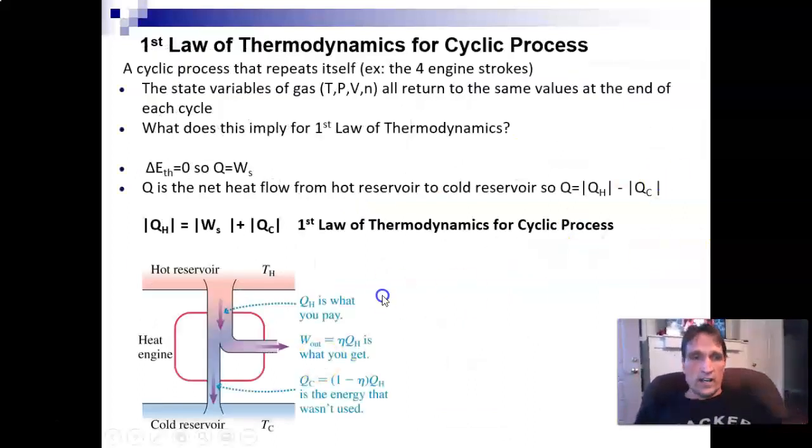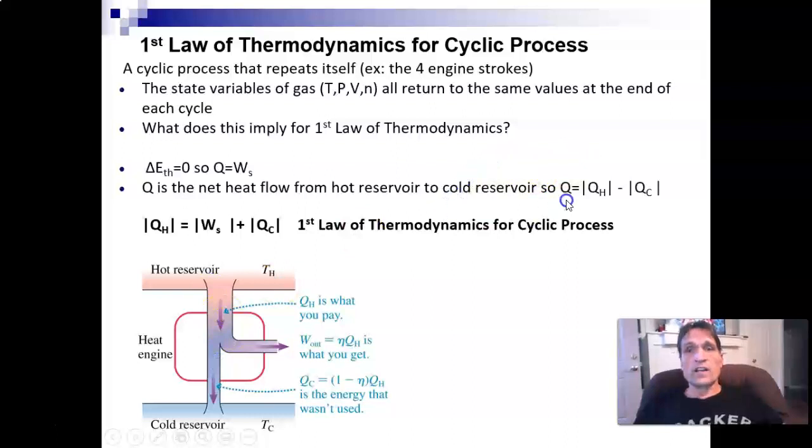In this case, for an engine, Q is the net heat flow into the system, which would be the positive heat flow from the warm reservoir into the system, Q hot, and the flow out of the system, Q cold. And so Q in this system here is the net heat flow, right? It's positive coming in, negative coming out.